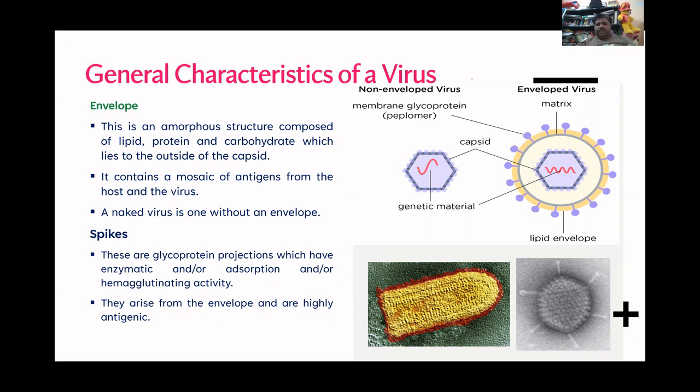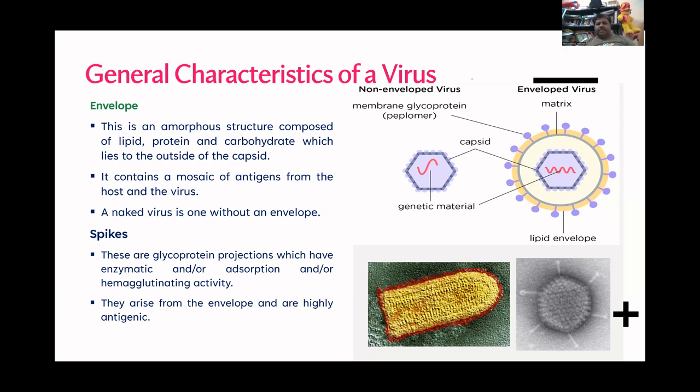Hence, for example, if you take enveloped viruses, even the SARS coronavirus has a spike protein, and most of the viruses which are enveloped can have a certain type of envelope. For example, rabies virus. Rabies virus has an envelope around its structure. So these envelopes sometimes contain spikes.